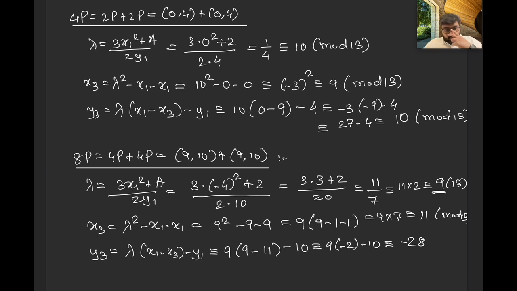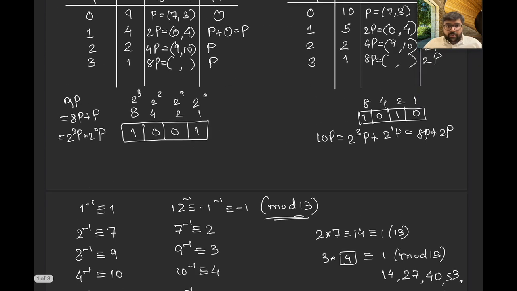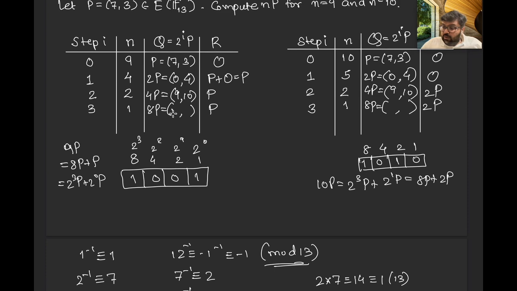So add 26. So we have minus 2, and again add 13. So we have 11. Multiples of 13, same answer. So this is 11 comma 11, x3 comma y3. So 8p we have computed, 11 comma 11. Okay, and now finally fourth step.